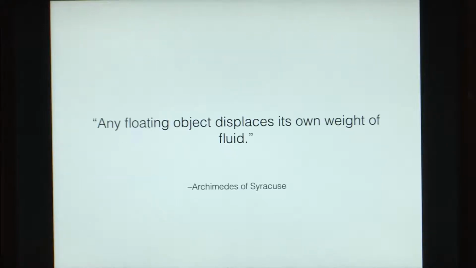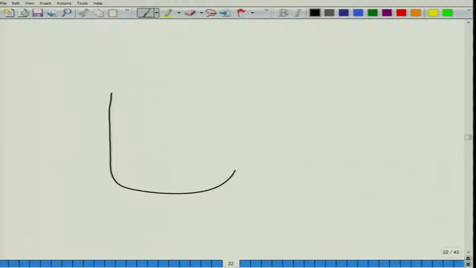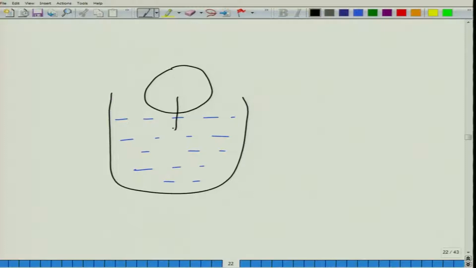We might use the Archimedes principle, which states that any floating object displaces its own weight of fluid. So, what does that mean? Suppose we take a container and fill it with water, and then we put a sample inside it.